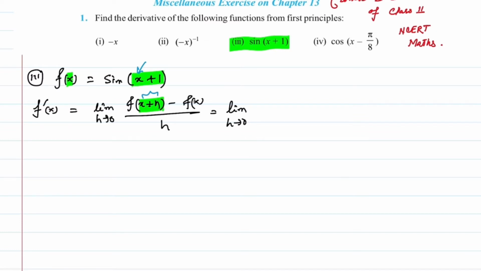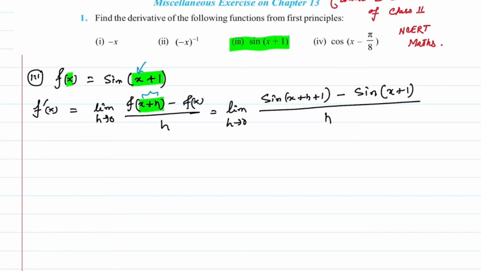Doing so, what are we going to have? We're going to have sine of x plus h plus 1 minus sine of x plus 1, that is already given, divided by h.